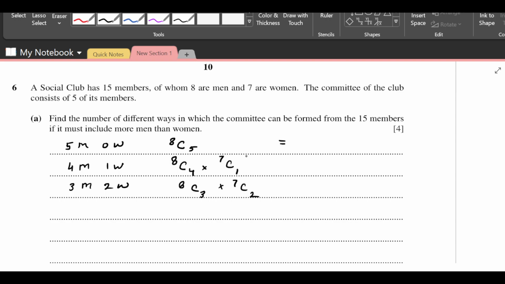So this first part will give me 8C5, it's 56, then 8C4 times 7C1 is 490, and 8C3 times 7C2, that is 1176.